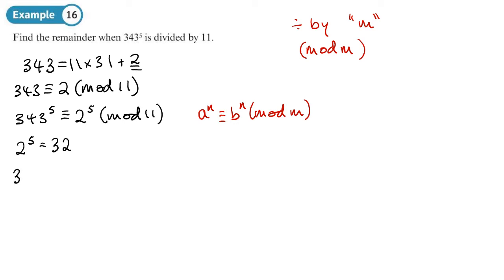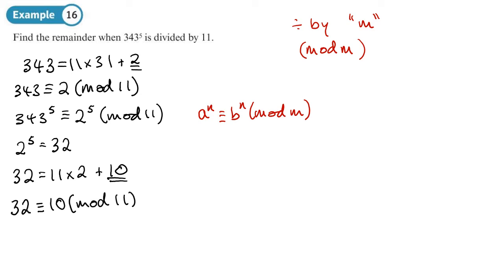So 32 mod 11, 32 is equal to 11 times 2, which is 22, plus 10. So there's a remainder of 10. So 32 is congruent to 10 under mod 11. That's the remainder. So remainder equals 10.